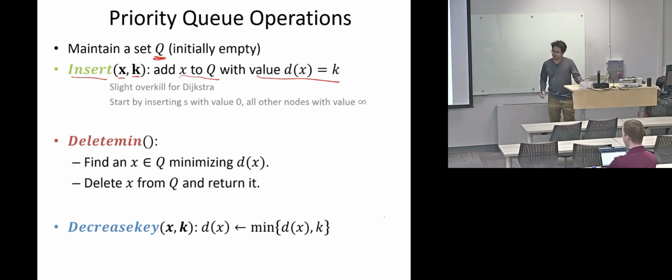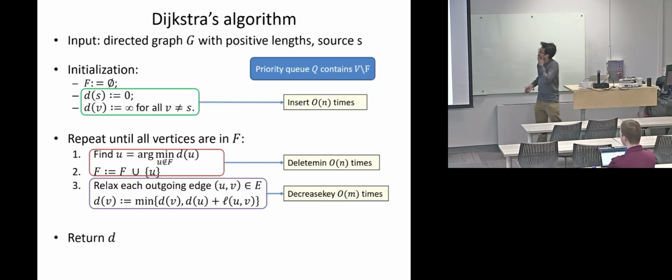Okay, and you can see that this data structure is kind of built to implement Dijkstra. Why? In the initialization, for every node you insert it with the value ds or dv into the queue, right?